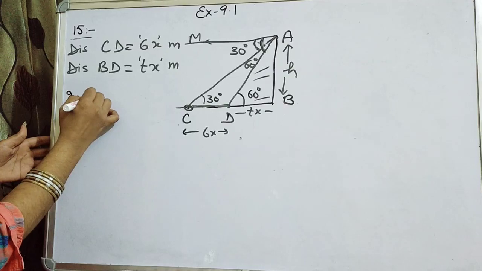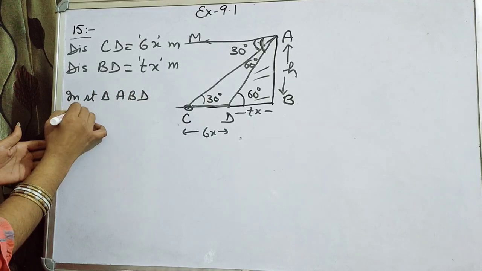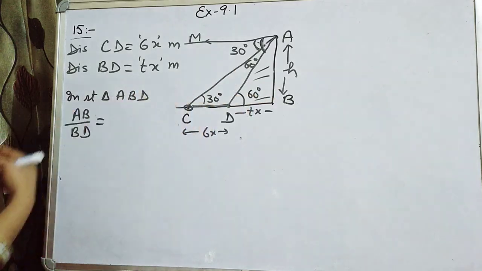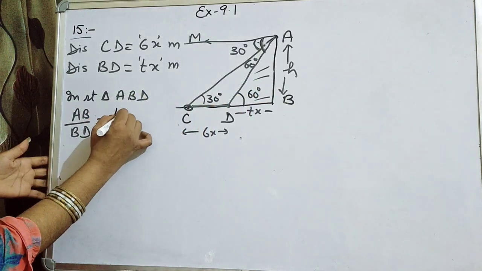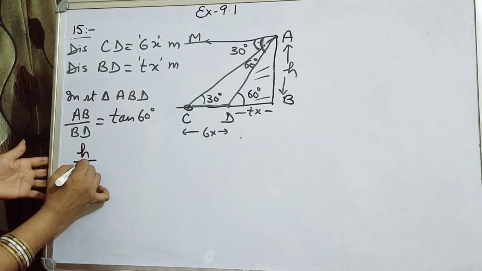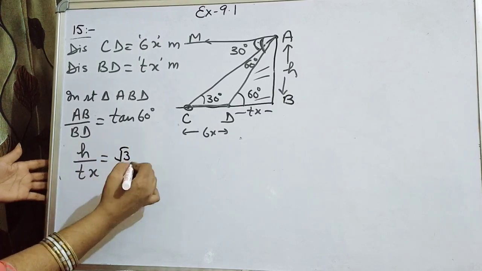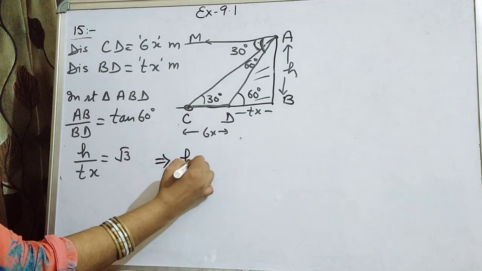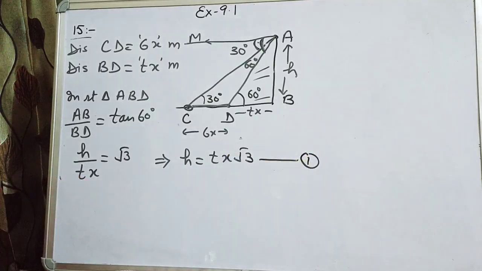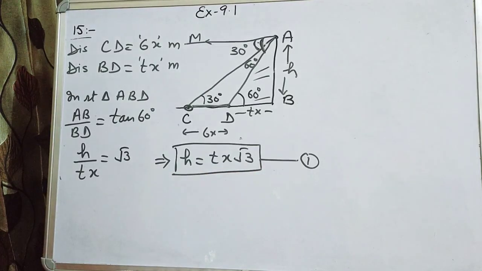In right triangle ABD, H by TX, that means AB by BD, for this angle is perpendicular by base, which is tan 60. AB is H, BD is TX, and tan 60 is root 3. So we get H as TX into root 3, and this is our first equation.